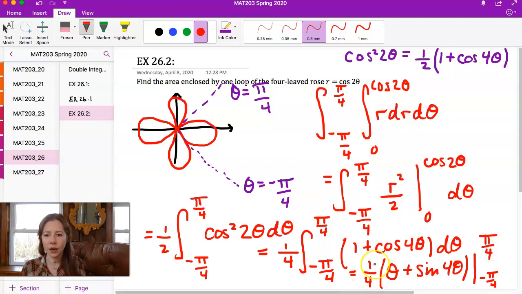So what we end up with is 1/4 times pi over 4 minus a minus pi over 4, which is plus pi over 4, which gives us pi over 8. So you should get pi over 8.